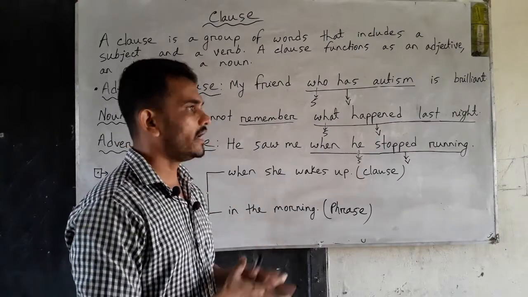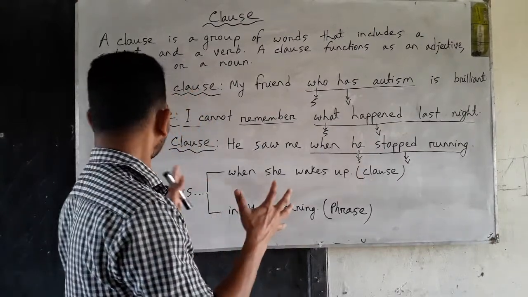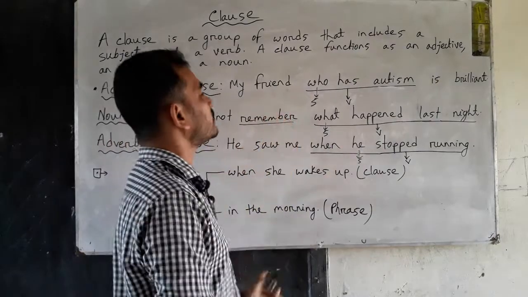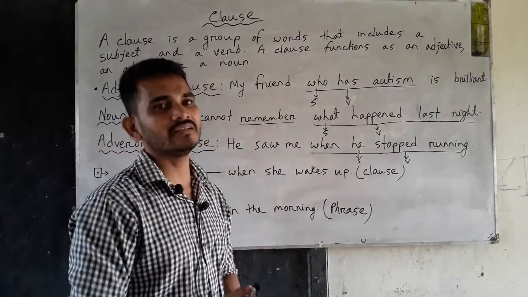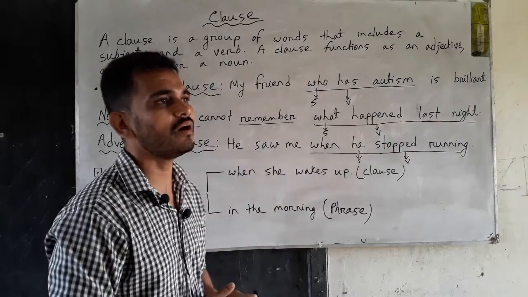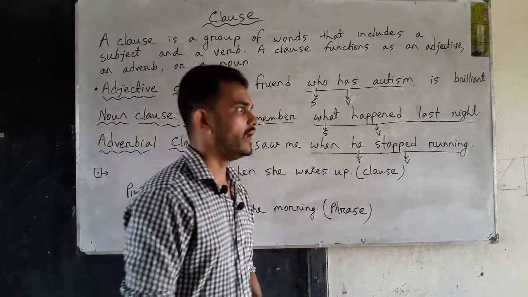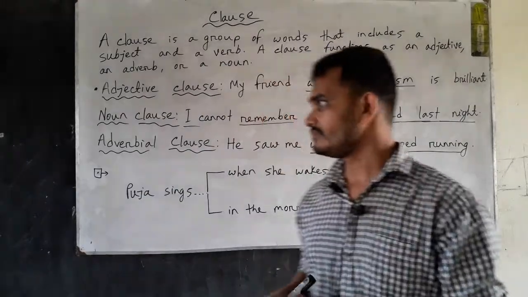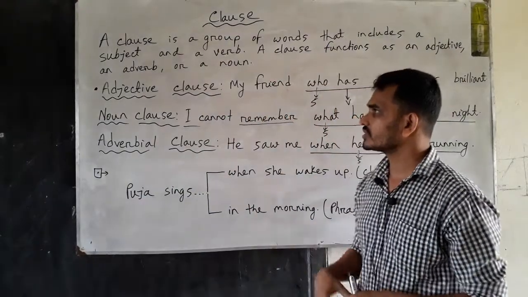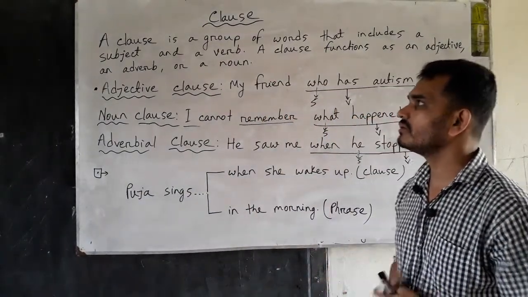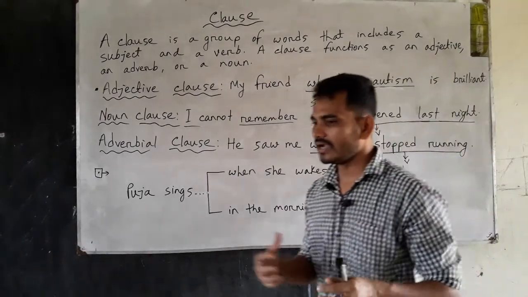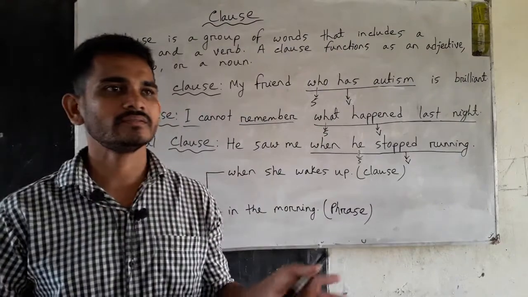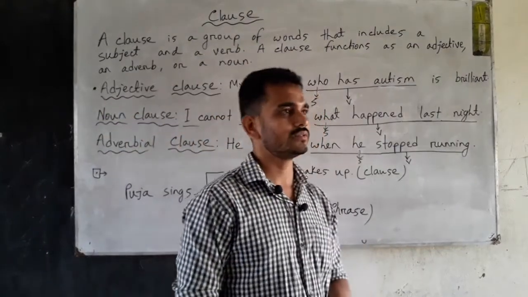So the last part of the sentence functions as an adverb in this sentence, so it is an example of adverbial clause. Dear learners, here I tried to show you what is clause and different types of clause.